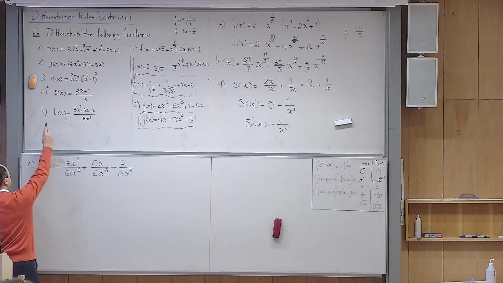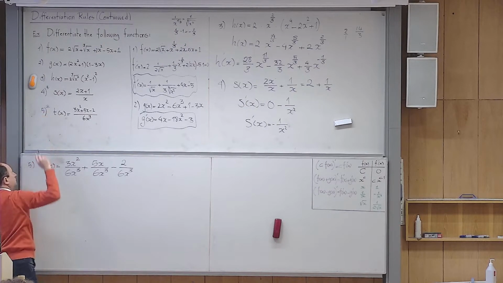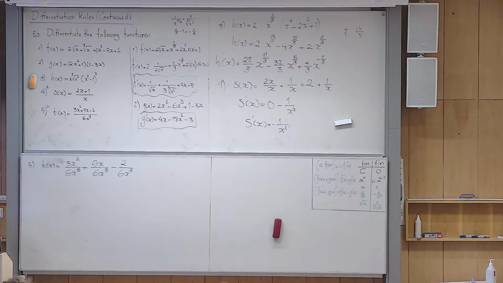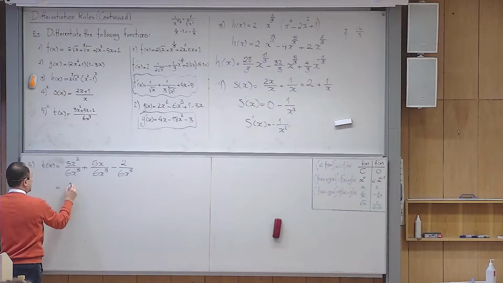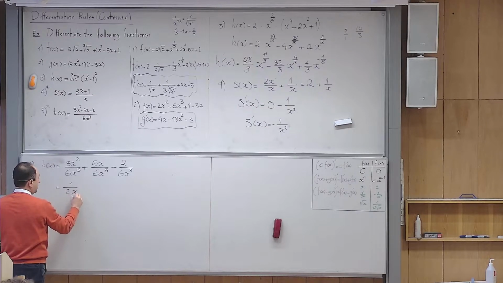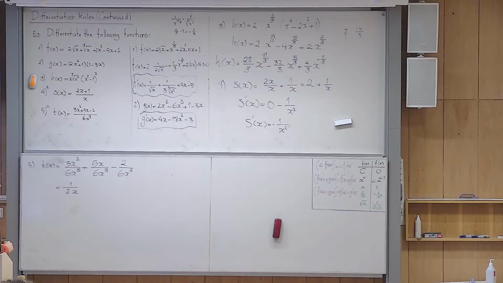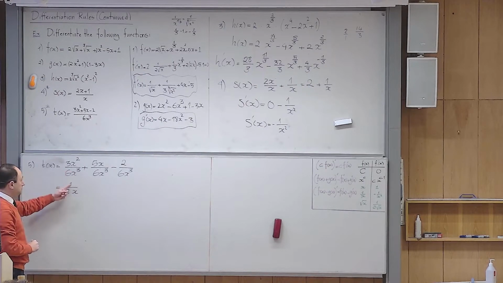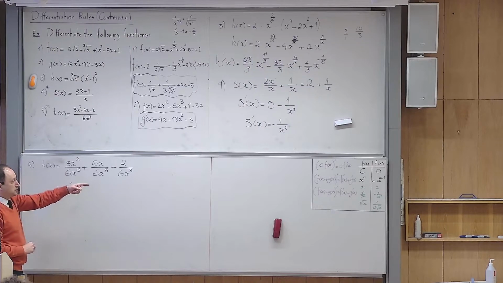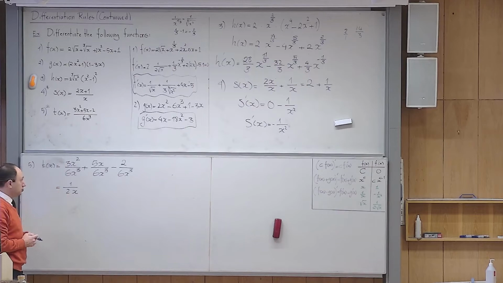So let me also put a star here. So remember this trick here. And then a start simplification. 3 over 6 can be simplified as 1 over 2. X squared and x cubed are simplified. So this is just 1 over x. In principle, I should bring everything up, but because 1 over x is one of those exceptions that I have in my memory, I will not change its form.